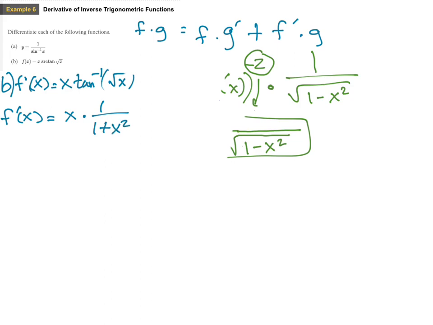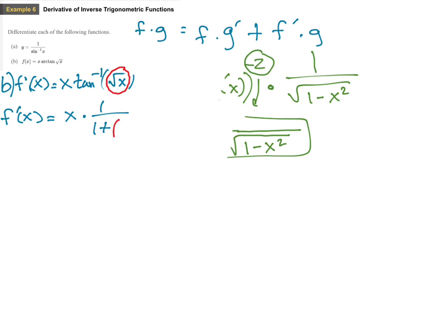Okay? Plus, pause, freeze, bad. We didn't do the inside. Catch this. This has got to be in red because we did badly. We did 1 over 1 plus x squared, which was beautiful, except it's not tangent inverse of x. It's tangent inverse of square root x.